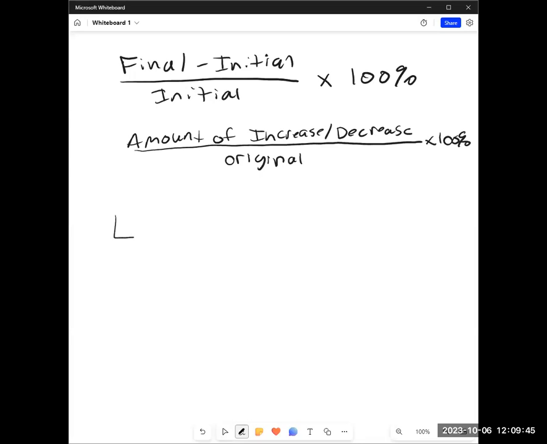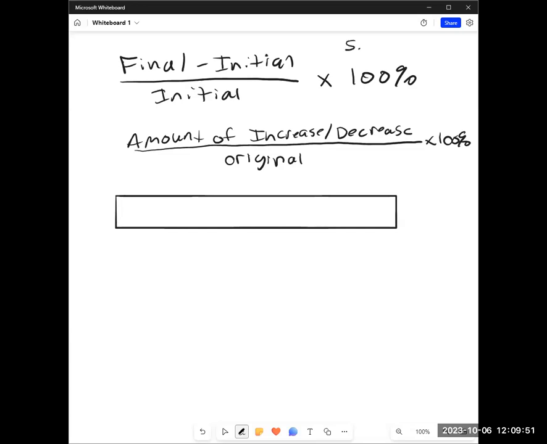So I have a table here for my first problem, which is like section 5.6, number 37. I'm also going to do one like 5.6, number 41. So my original amount is $200.